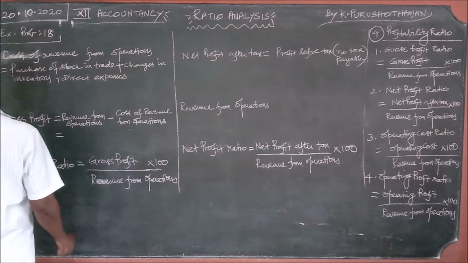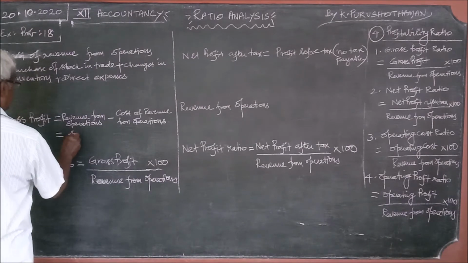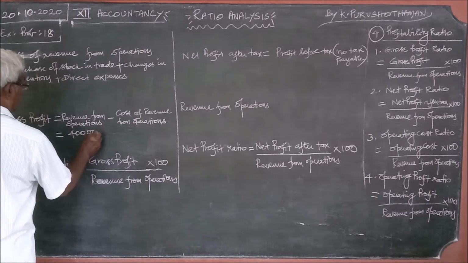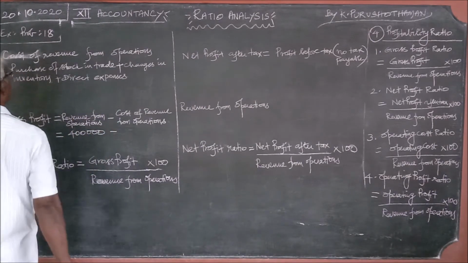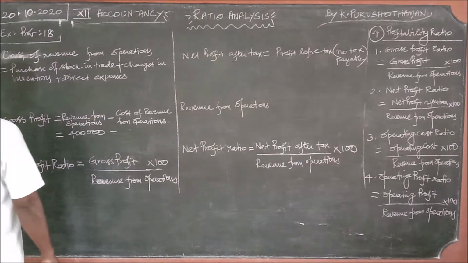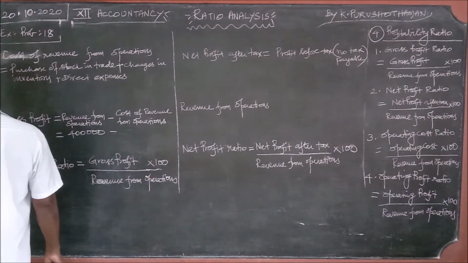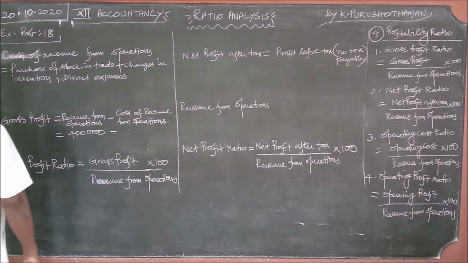Revenue from operations, it is 4 lakhs minus cost of revenue from operations. We should find the cost of revenue from operations. What are the things we should take?